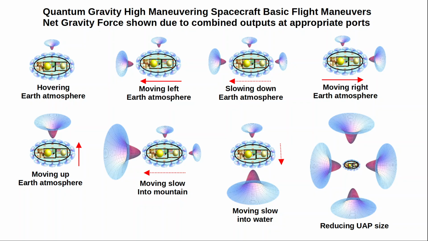Slowing down in Earth atmosphere, we'd have the net gravity force above the spacecraft equal to Earth gravitational field to hold altitude, and a net gravity force to the left of the spacecraft, moving the spacecraft towards the left, and we would have a net gravity force to the right of the spacecraft, and that would be slowing the spacecraft down, counteracting the forward movement of the gravity.